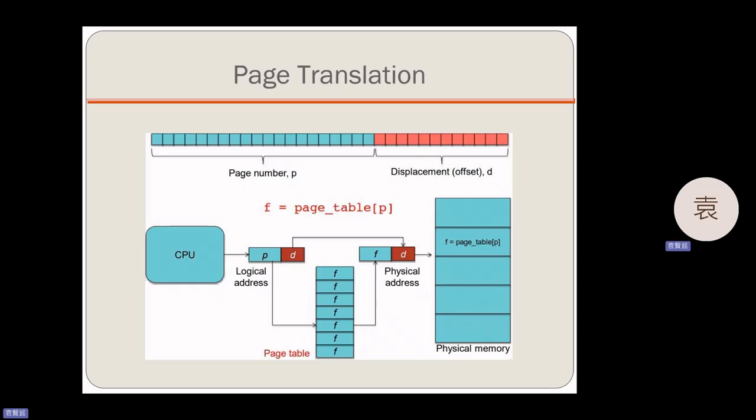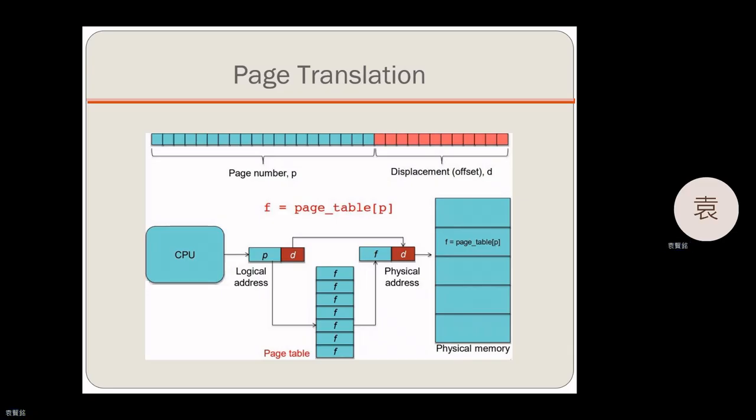So the frame number will be retrieved, and the physical address will be the frame number F concatenated with the offset D. The offset will be the same. This physical address is sent to the physical memory, and the memory will retrieve the data. So that's the simple page translation.